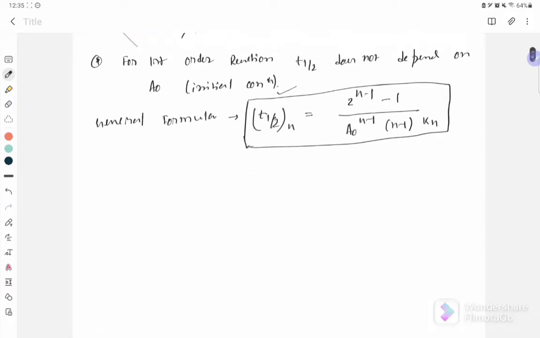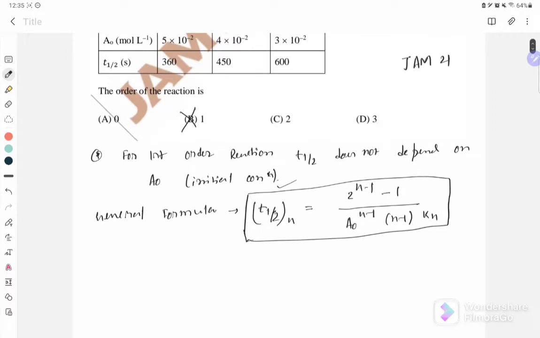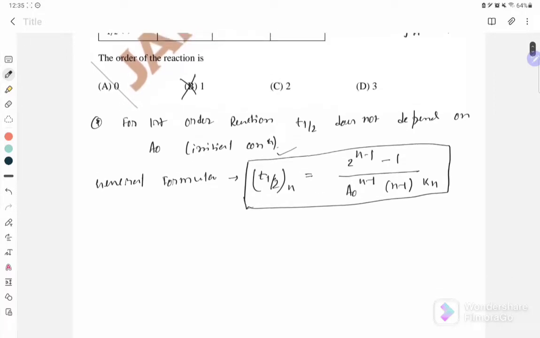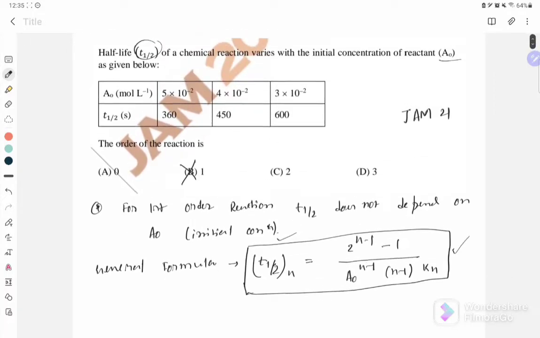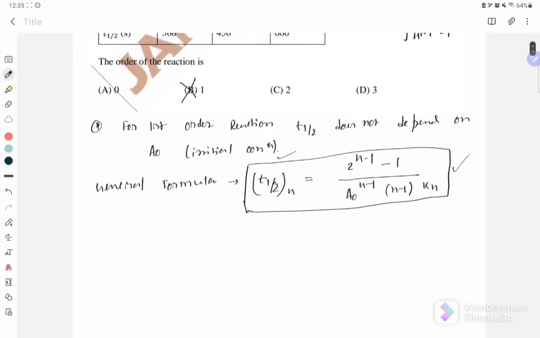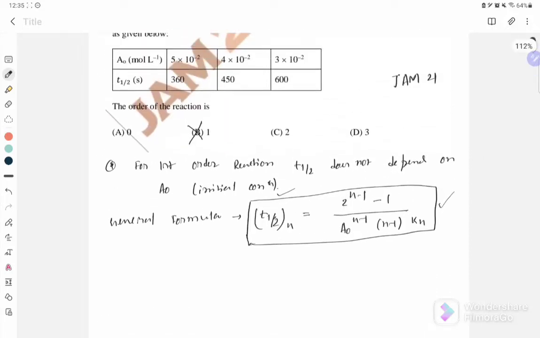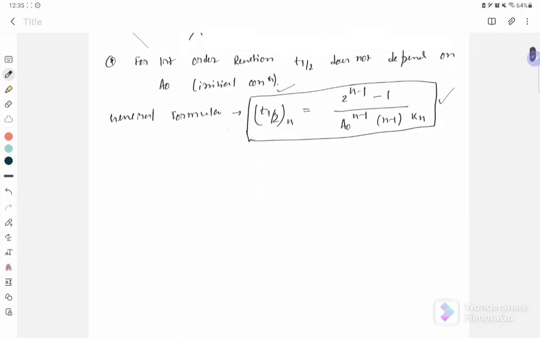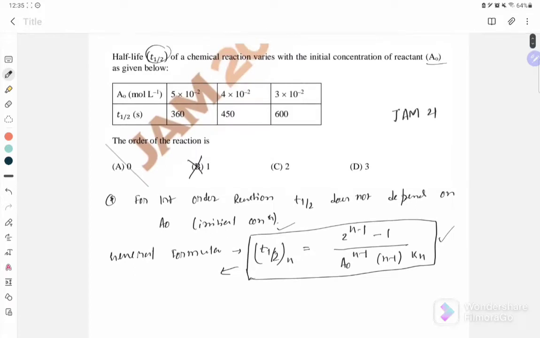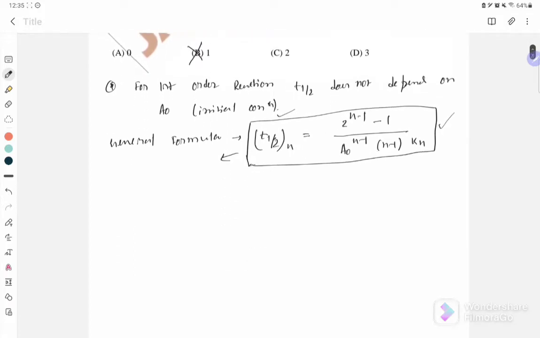You just have to remember that final result; you don't have to remember the derivation. From here you have to derive our needed equation.